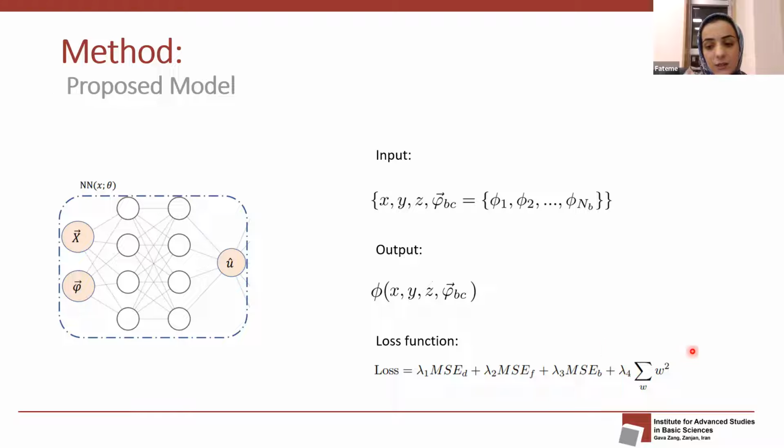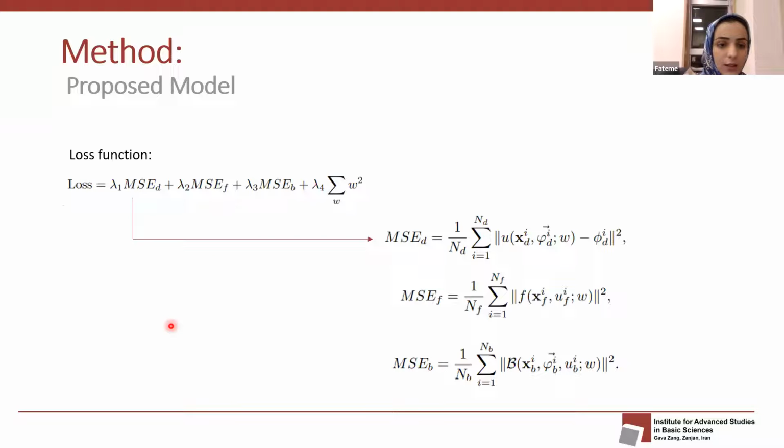The last term is just a term that prevents the model from overfitting, so I want to speak about the 3 other terms. The first term is the mean square error of our data, which is present in the conventional neural network.